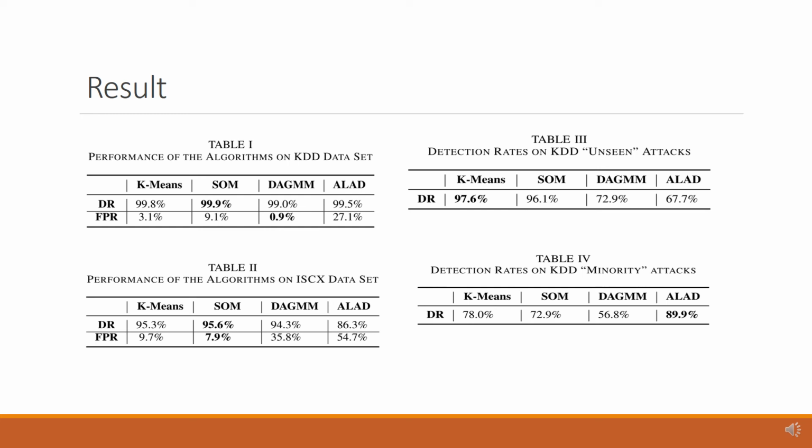And for the ISCX dataset, SOM has the best detection rate and also the false positive rate. The detection rate is 95.6%, and the false positive rate is 7.9%.